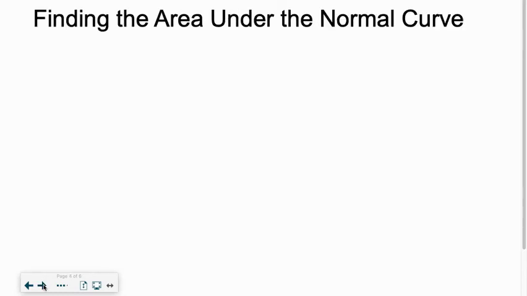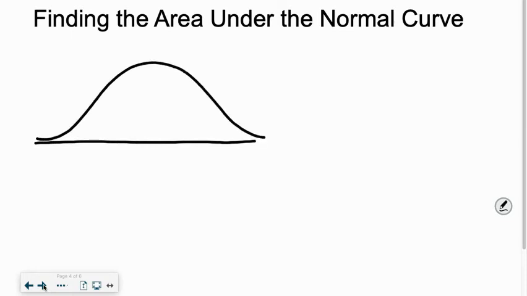If you want to find the area underneath the normal curve, so you have a normal curve. Let's just say the mean is 80 and the standard deviation is 3. So that would be 83 would be your next mark.